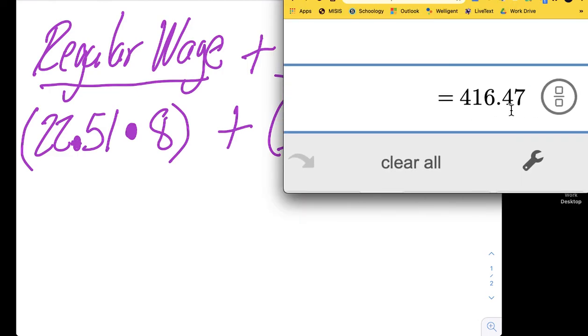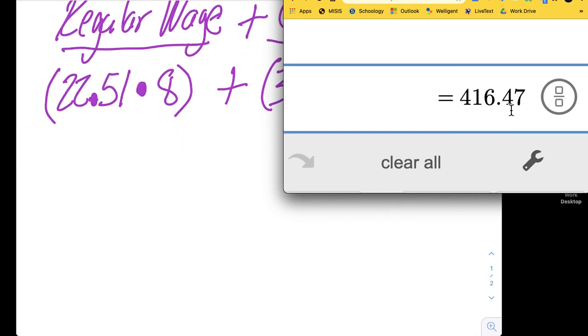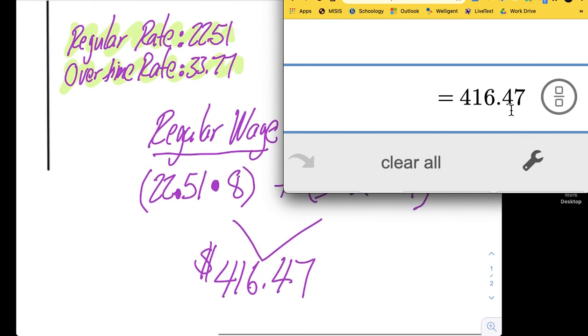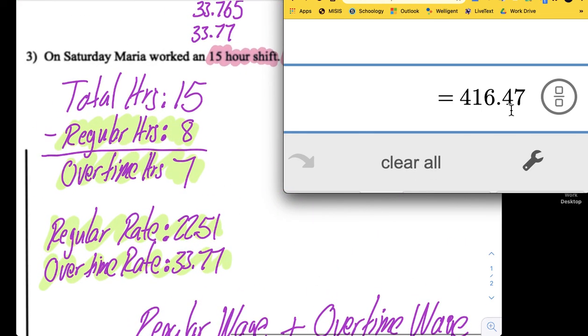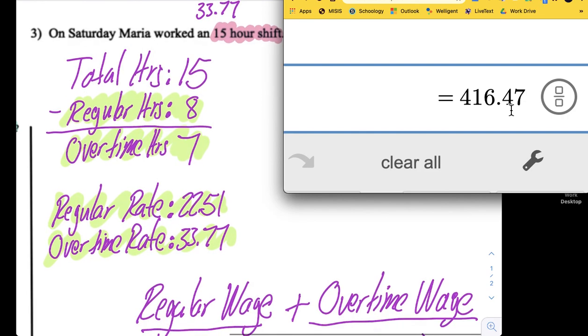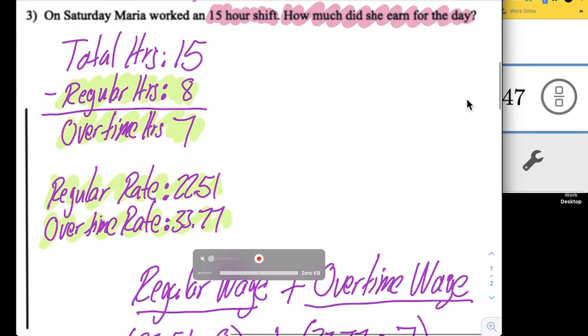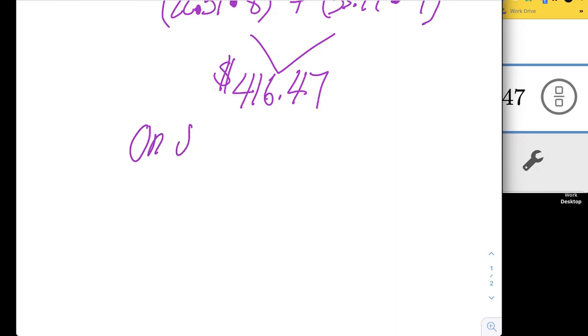Look at this. All of this gives me 416.47. There you go. On Saturday, Maria worked a 15-hour shift. How much did she earn that day? Maria on Saturday, that's not how you spell Saturday.